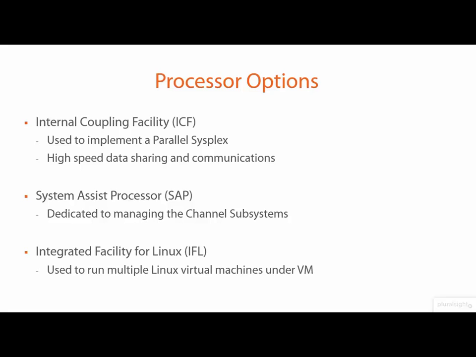The Integrated Facility for Linux represents processors that can be used to run a virtual machine environment, VM, to support multiple Linux virtual machines. Virtual Machine is a separate operating system that supports running multiple Linux images. While some of these processors may be required to fulfill technical requirements, as noted previously, their presence does not contribute to the capacity considerations of the processor with respect to software licensing charges.